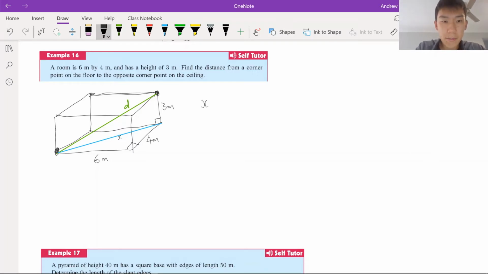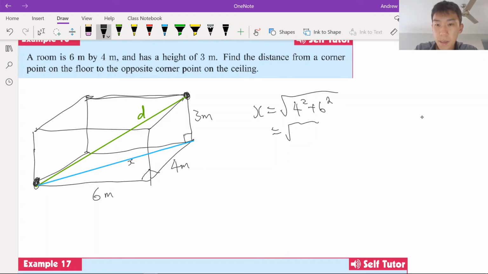So x equals root 4 squared plus 6 squared, equals 16 plus 36, which is 52. Now, since we know that we're going to use Pythagoras theorem again, let's just leave this as an exact value, and now let's find the value of D. D is the hypotenuse again, so it's going to be x squared plus 3 squared.